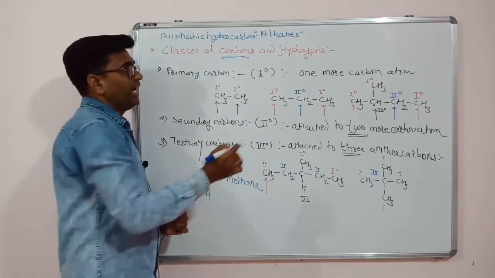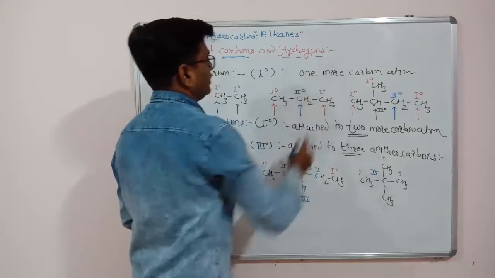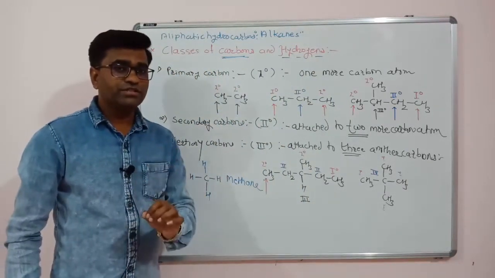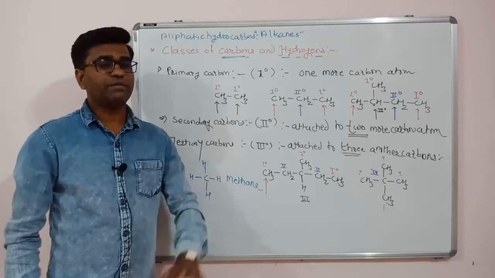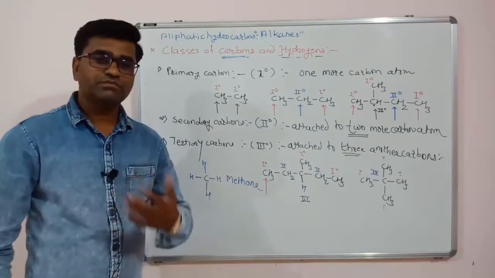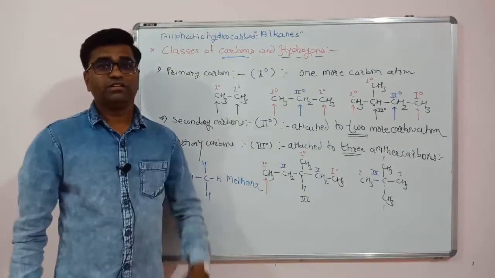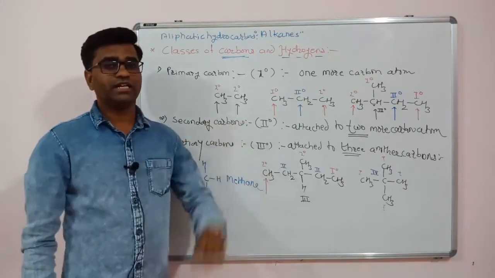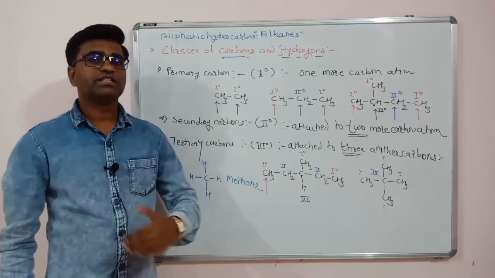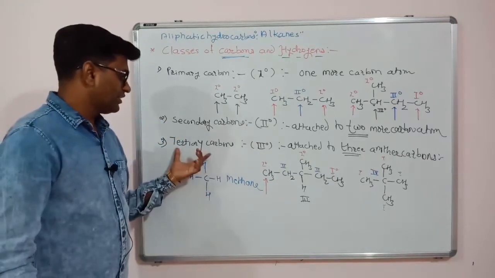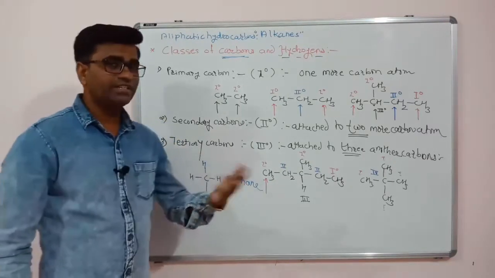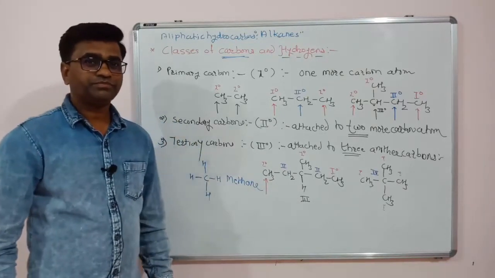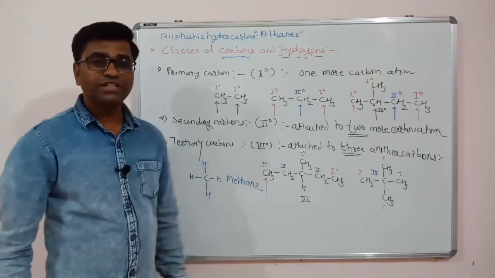Similarly, hydrogens are likewise. The hydrogens present on primary carbon are called primary hydrogens. The hydrogens present on secondary carbons are called secondary hydrogens. The hydrogens present on tertiary carbon are called tertiary hydrogens. Then what about quaternary carbon?